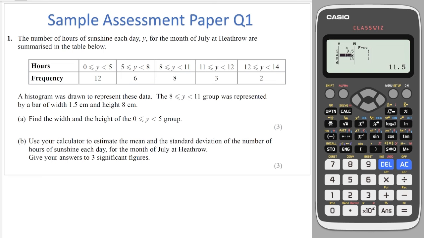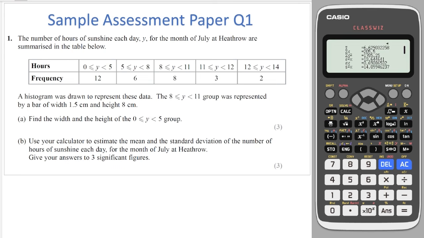And then if I press down, it takes me back to the top, which is quite helpful. And then the frequencies are 12, 6, 8, 3, and 2. Perfect. And then I press Option, and I want One Variable Calc, so number 3. And there are all of my important bits of data.